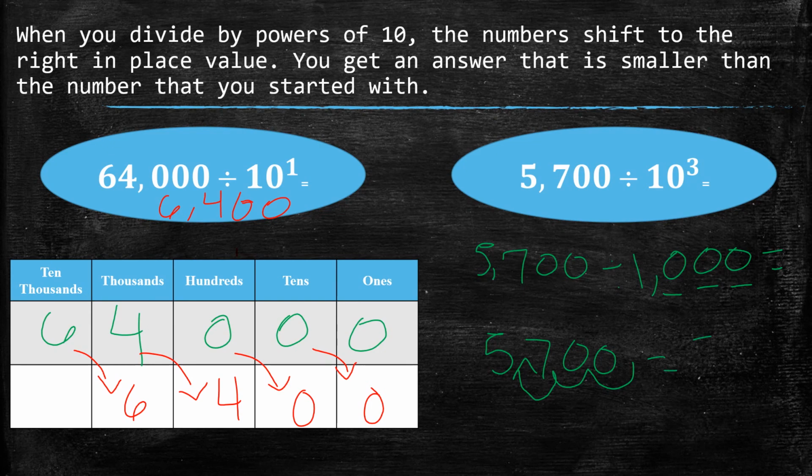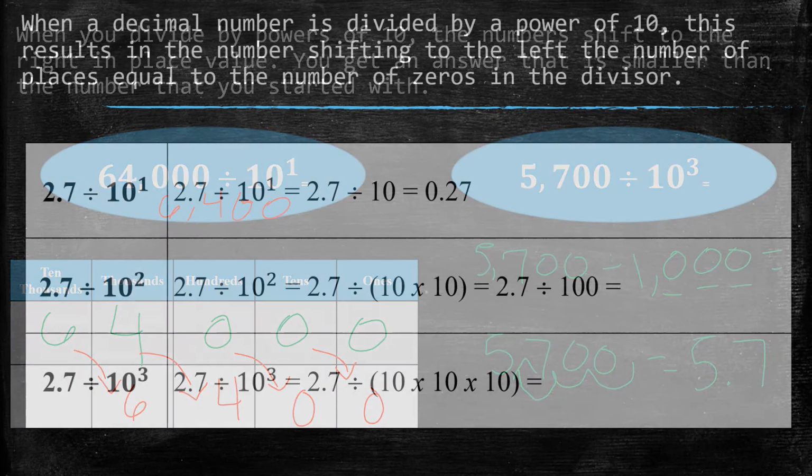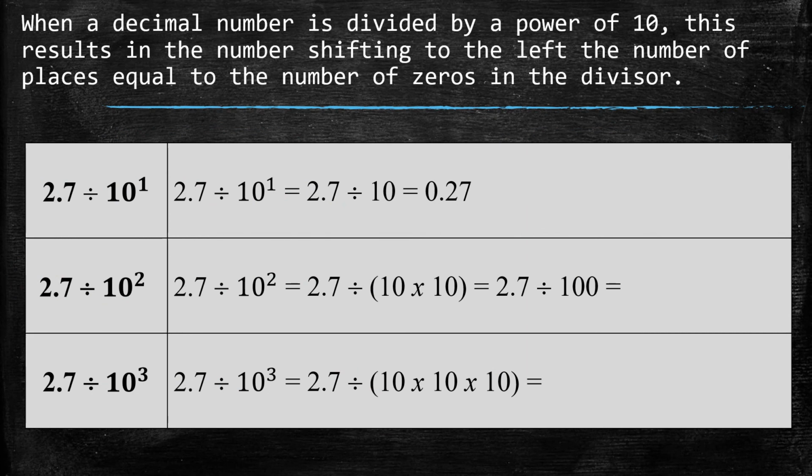So my answer would be 5 7/10. When a decimal number is divided by a power of 10, this results in the number shifting to the left, the number of places equal to the number of zeros in the divisor. Notice that the decimal can be seen to be shifting to the left.